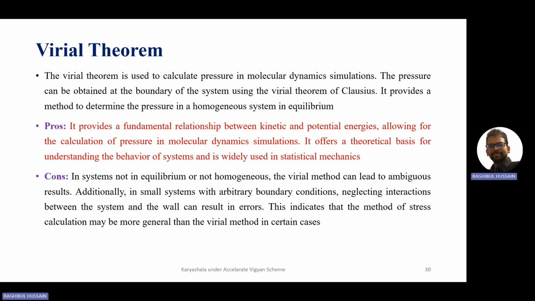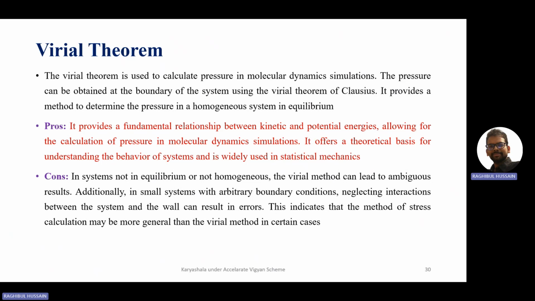From here we can compute the pressure. The Virial theorem is used to calculate the pressure in the MD simulation. The pressure can be obtained at the boundary of the system using the Virial theorem of Clausius. It provides the method to determine the pressure in a homogeneous system at equilibrium. Basically, we do not measure the pressure of each and every atom; rather, we measure the pressure of the entire simulation box.